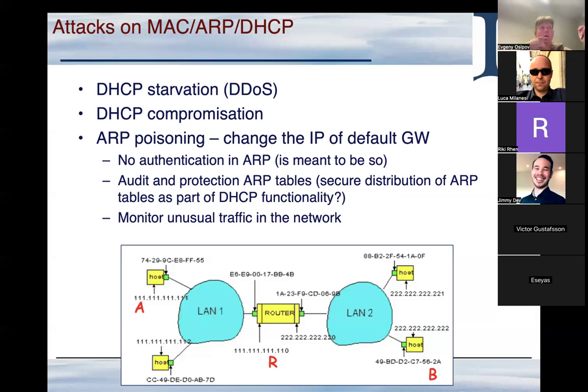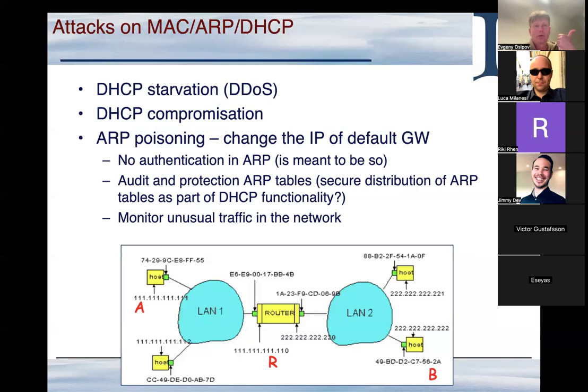Why is it important? Well, think about the first router. You need to know where to send your data so that it is communicated further to the destination. For these purposes, each computer is equipped with two pieces of important information. One is the IP address of the router. That one you get via DHCP.